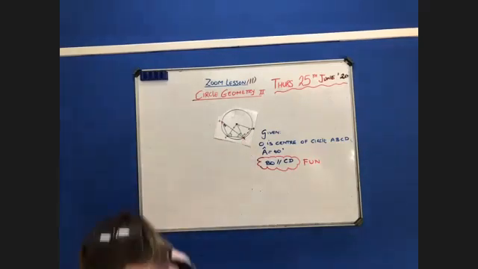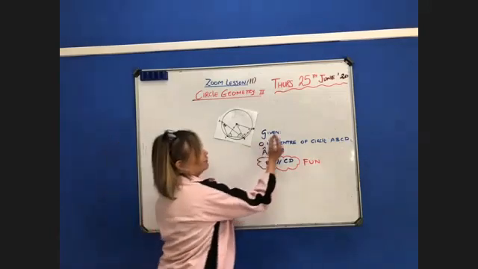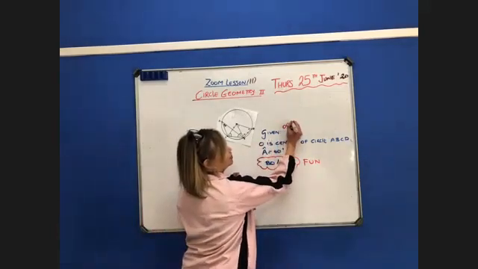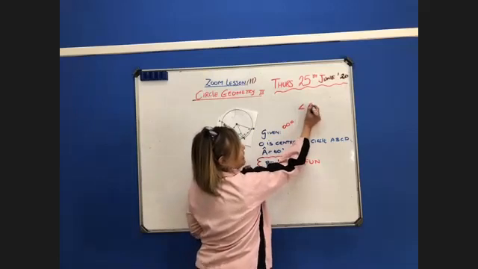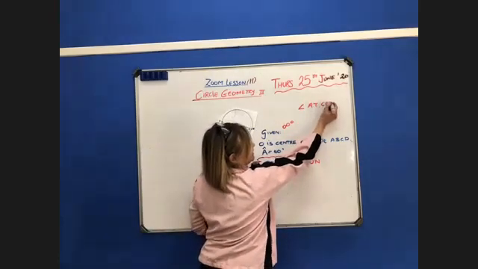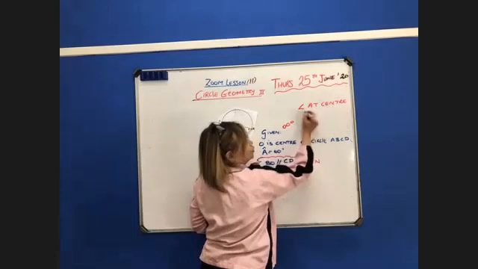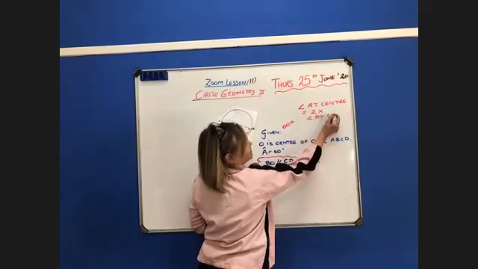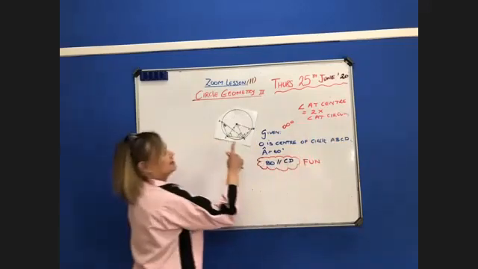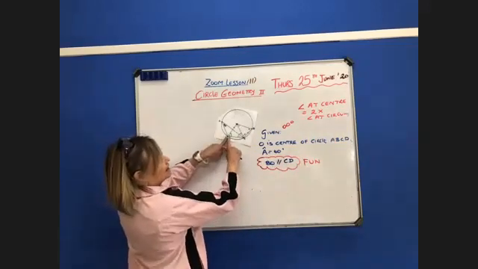But if you get a center, remember the second thing we learned: the angle at the center is equal to 2 times the angle at the circumference. Before I get a center, I will investigate all my chords.